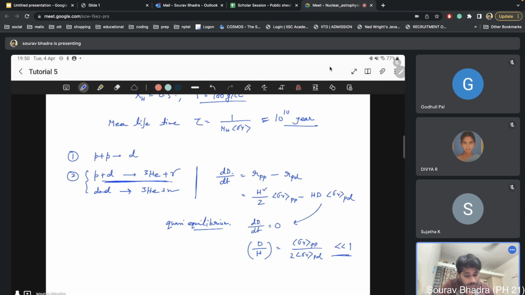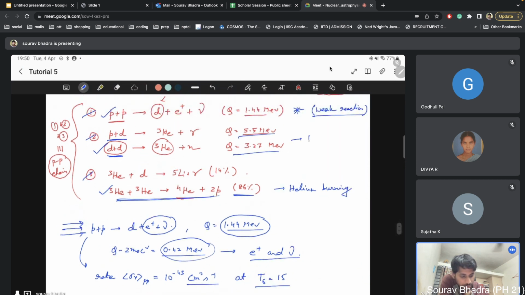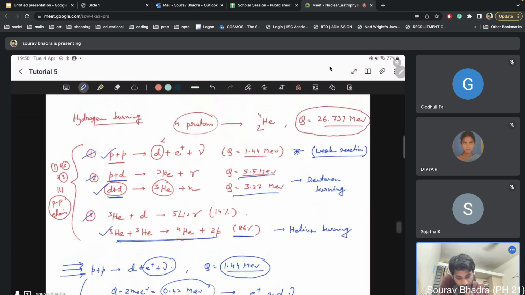Now, we go to the third reaction, third step. What was the third step? The 3He plus 3He channel, 86%, we will consider this particular channel. So, 3 is the helium burning, 2 was the deuterium burning, and the first one was the hydrogen burning.